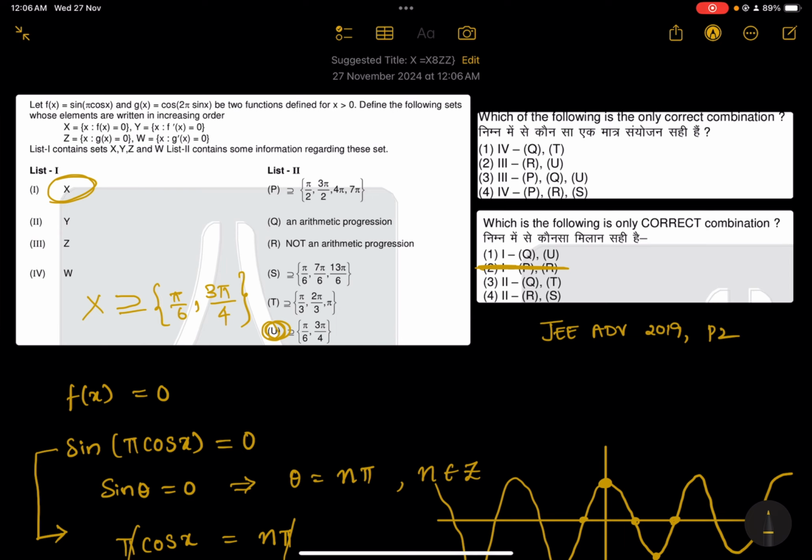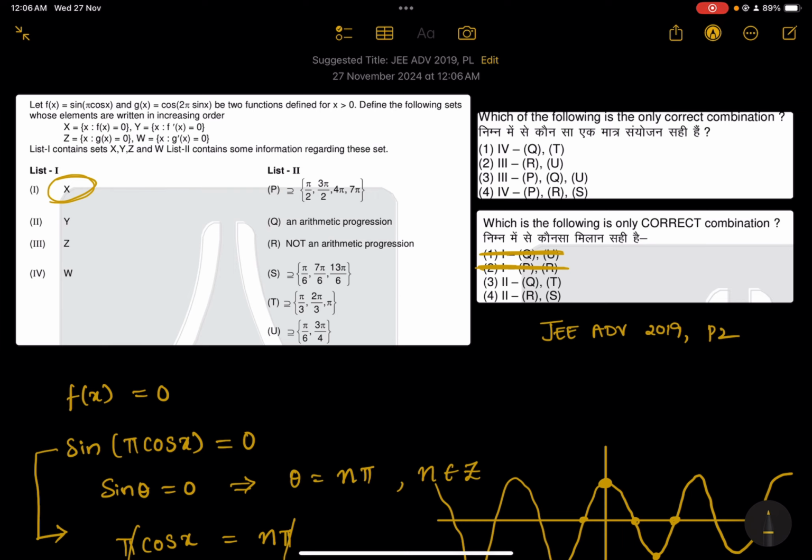This is a subset, right? X is a subset of Y, so this is a subset of X is what they are saying. But 3 pi by 4 does not lie in this, and pi by 6 also does not lie in the set. So 1 cannot be the answer.